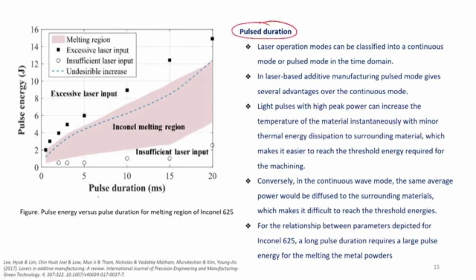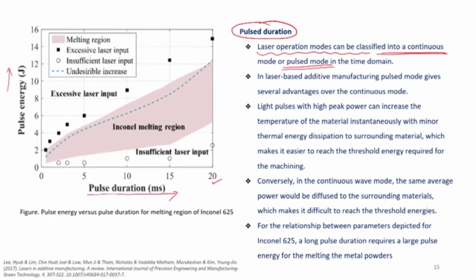So, on your screen you can see pulse duration we have taken on x axis, and it is varying from 0 milliseconds to 20 milliseconds, and on y axis there is a variation of pulse energy. Laser operations can be classified into continuous or the pulse mode, which we have already seen.